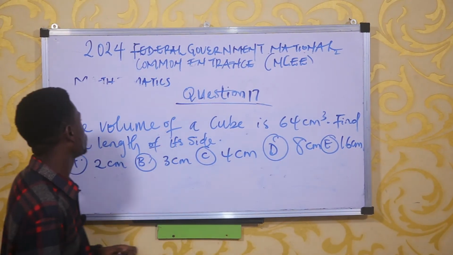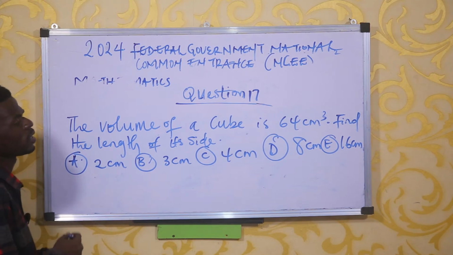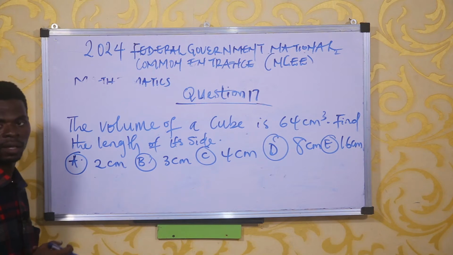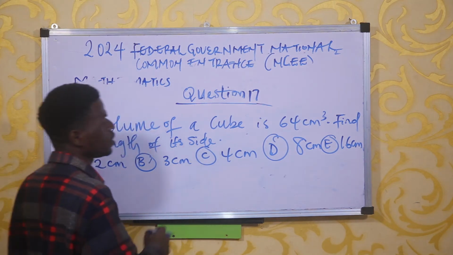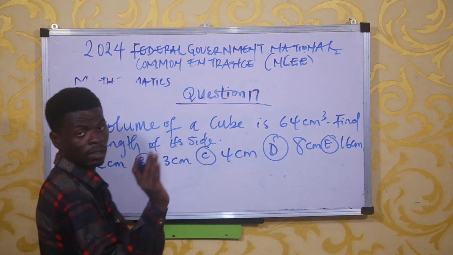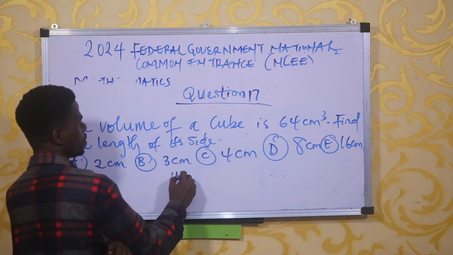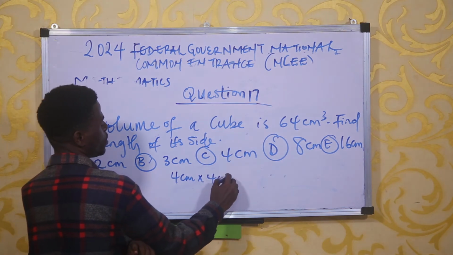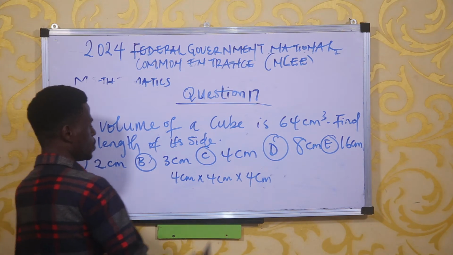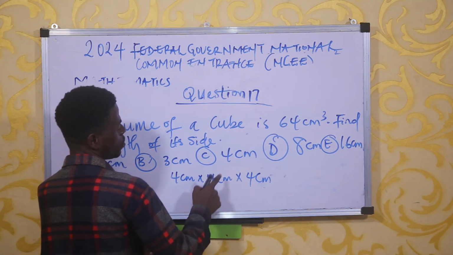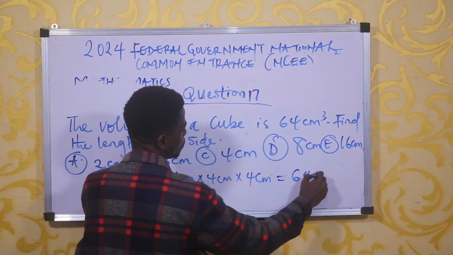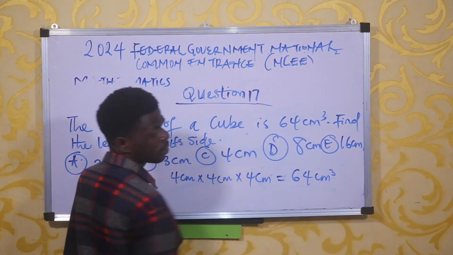Question 17 says that the volume of a cube is 64 centimeter cube. Find the length of its side. Remember the volume is 64 centimeter cube, so what makes it? That's 4 centimeter times 4 centimeter times 4 centimeter. 4 times 4 is 16, and 16 times 4 gives us 64 centimeter cube.